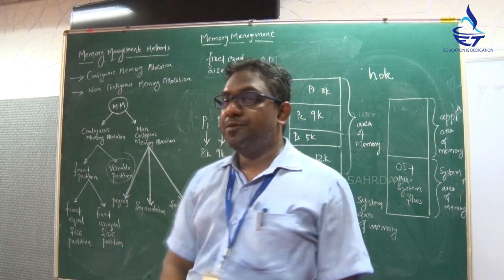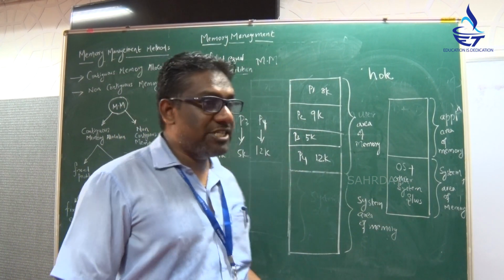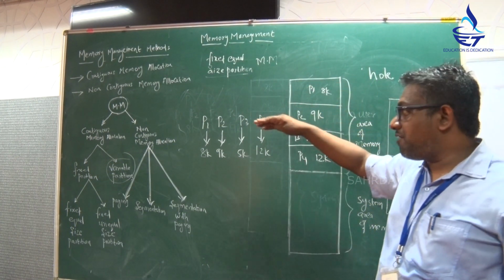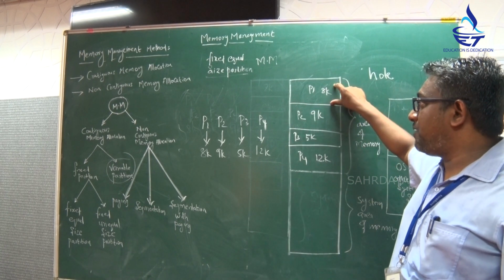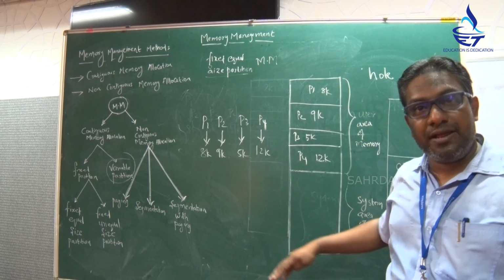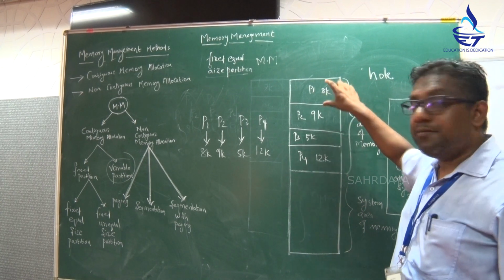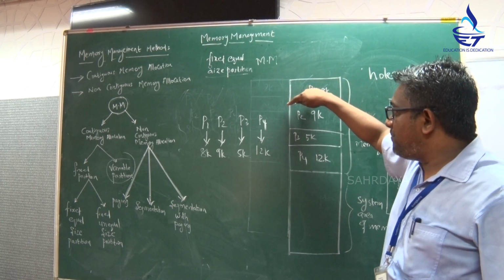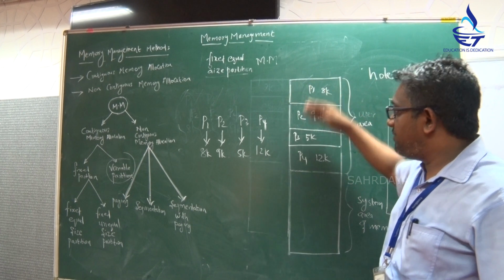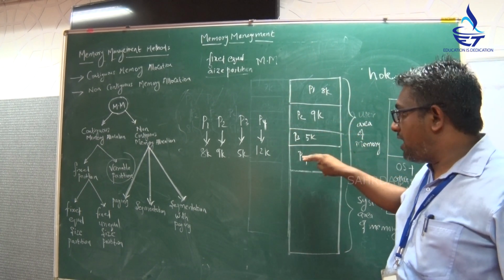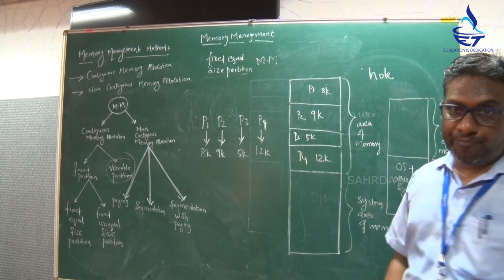Using the variable partition method we can avoid internal fragmentation because here there are no blocks. Whatever comes first will be placed here, based on the empty space in memory. P1 came here, placed 8K. Then from the next memory location we'll start the next process, and from the following location starts the third, and from the next starts P4.